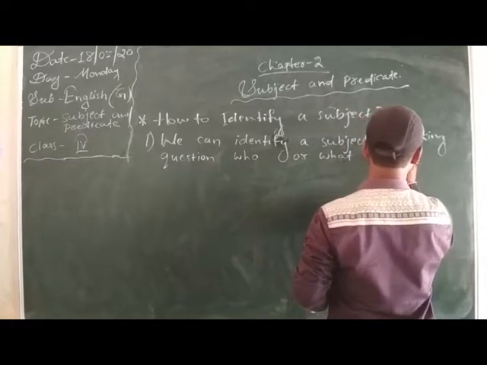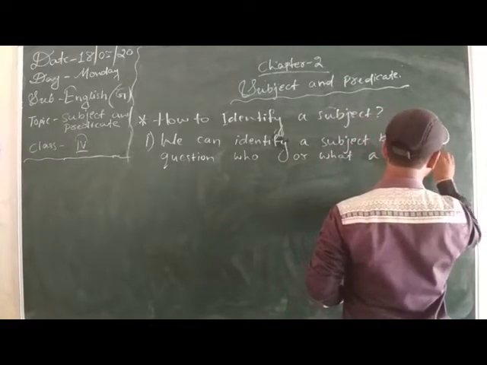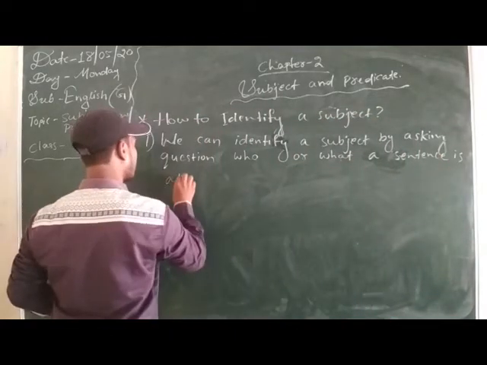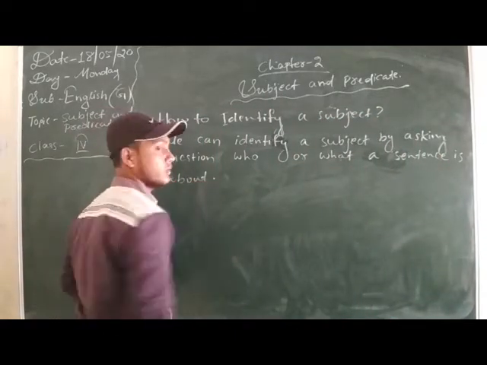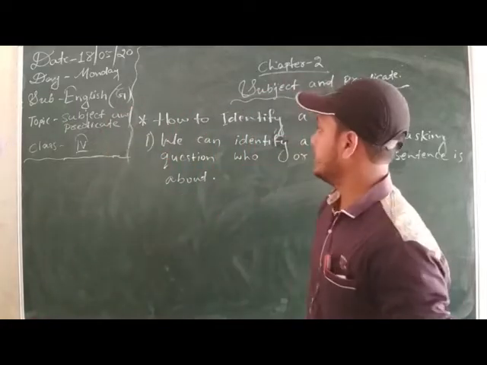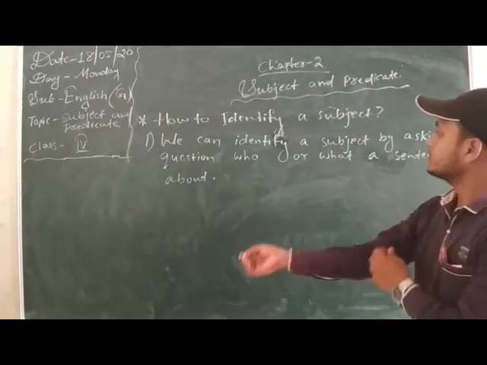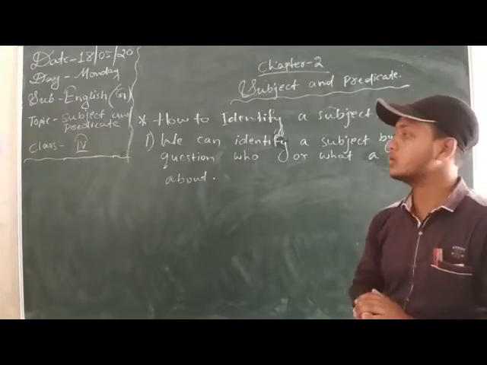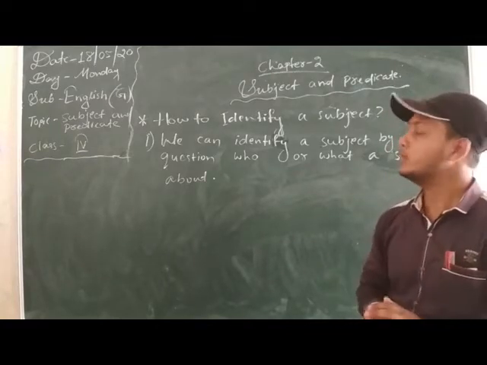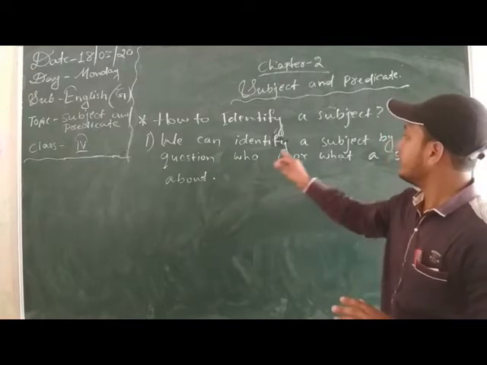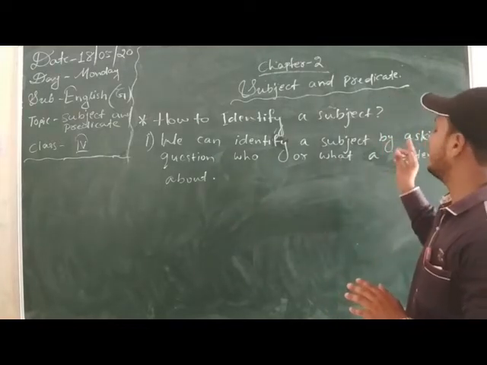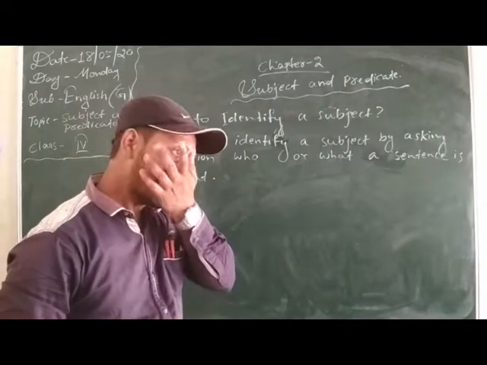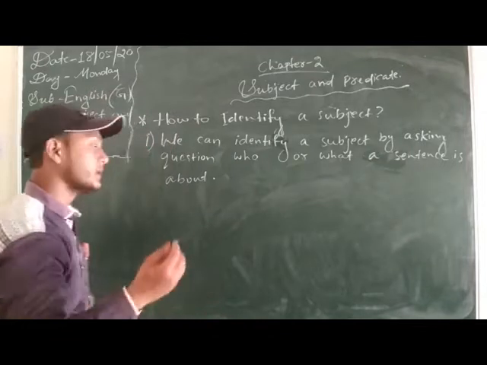Who or what a sentence is about. So we can find out whether a sentence has a subject or not. First of all, we identify the subject by asking who or what a sentence is about. Let's take an example.